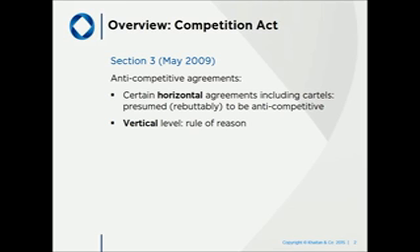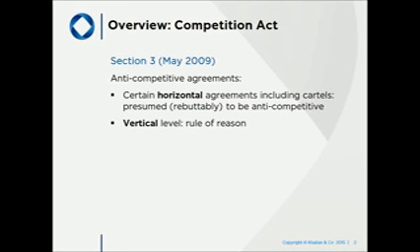That's a rebuttable presumption, however. The second type of agreement that's covered by Section 3 are vertical agreements, and these are going to generally be adjudged under a rule of reason. So, effectively, what that means is that a vertical agreement, such as an exclusive distributorship, needs to cause or be likely to cause an appreciable adverse effect on competition in India before it can be considered problematic under the Competition Act.